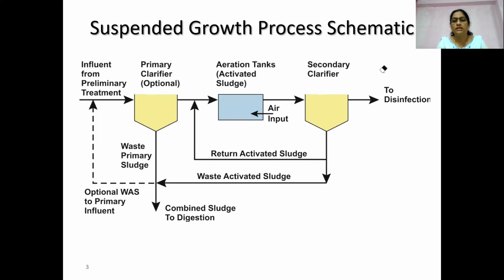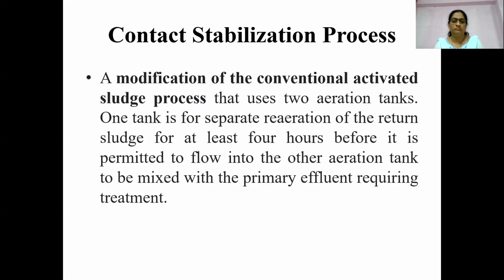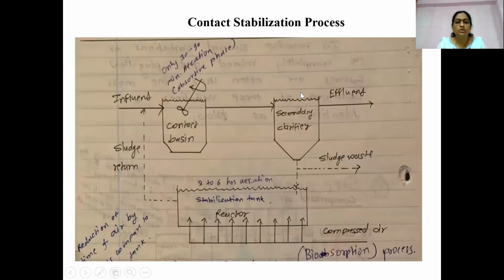Okay, let us go to that point. Two different aeration tanks can be provided. This is the contact basin and this is the stabilization tank. Influent is coming at the one port at the head of this contact basin, and here only 30 to 90 minutes aeration we are providing.